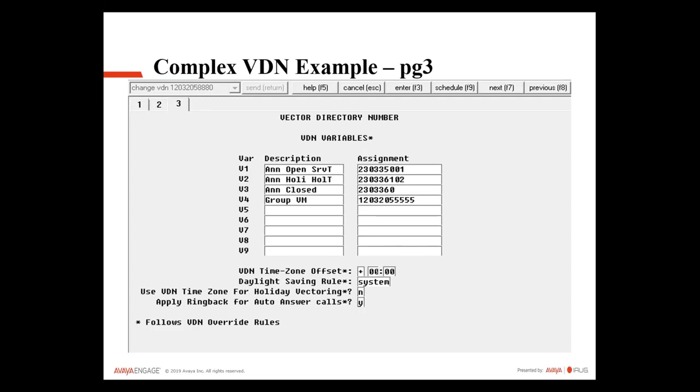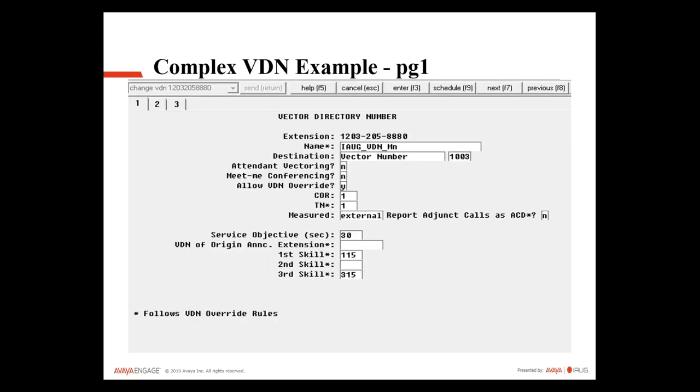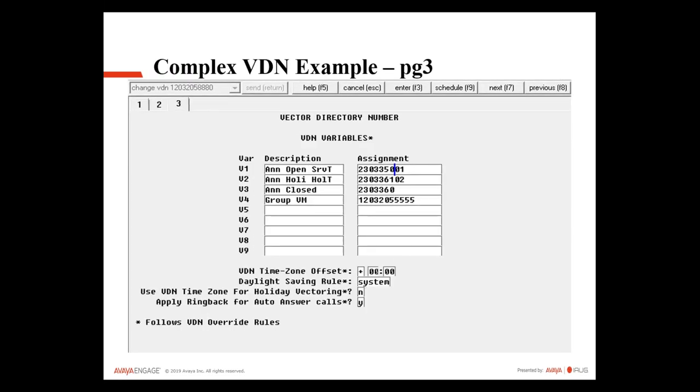As I said before, our open announcement was 7 digits in length and started in spot 1, and the tables are 2 digits and start in spot 8. We can see here that there we are, 7 digits starting in 1, 230 3350, 2 digits starting at 801.